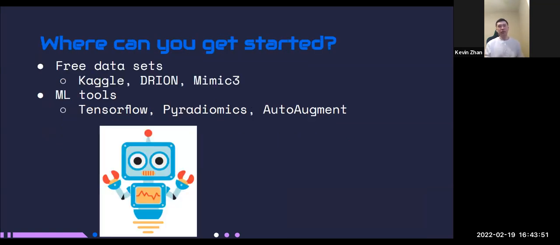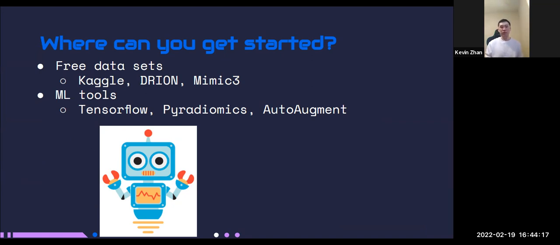Next, my final slide will be: where can you get started? If you're interested in AI for medical images, there are free data sets for you to play with. Again, data is a big part of these projects, and you need to be confident in how you can work with data, where you can get it, and how to pre-process it. Kaggle is a really big source.